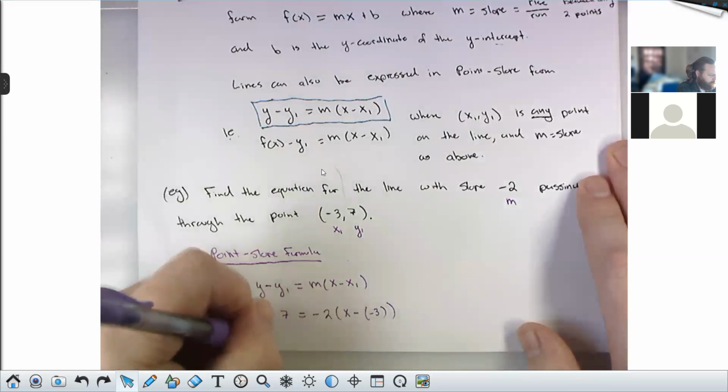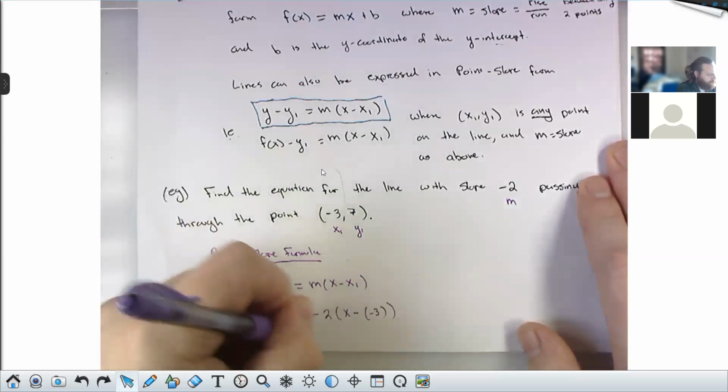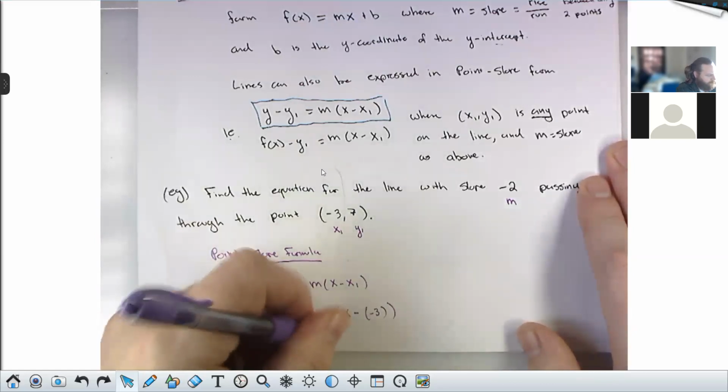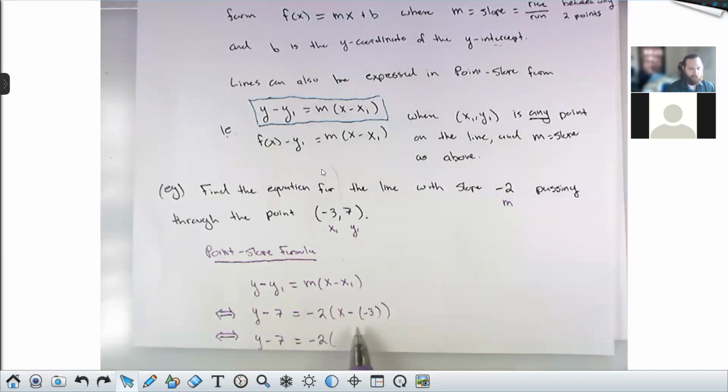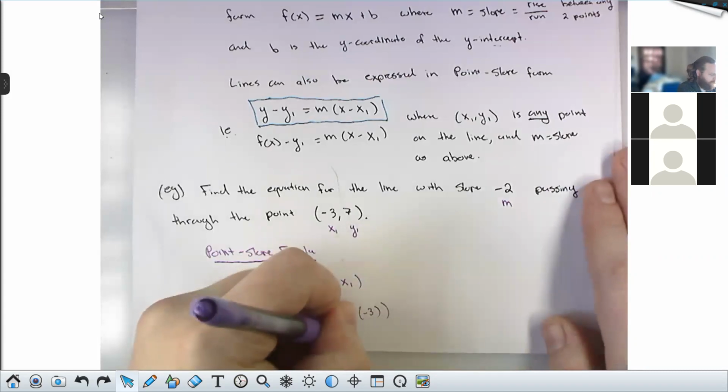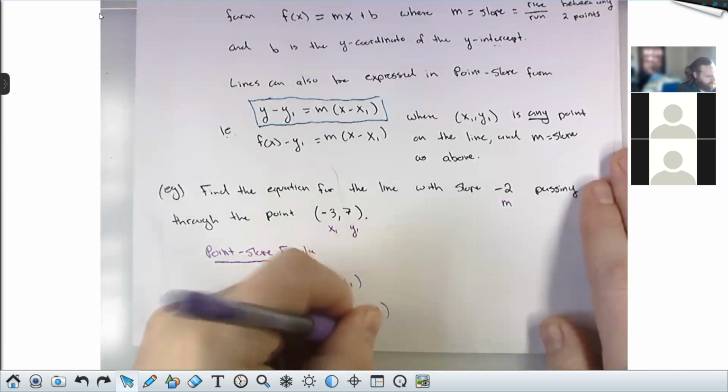So this is the same as y minus 7 equals -2 times, what is x minus -3? Can I write this in a nicer fashion? x plus 3. Yeah, very good, right? Subtracting a negative, same as adding. So this is x plus 3.